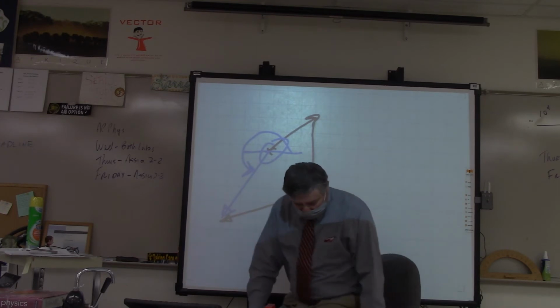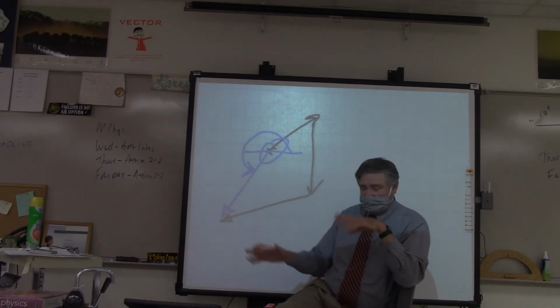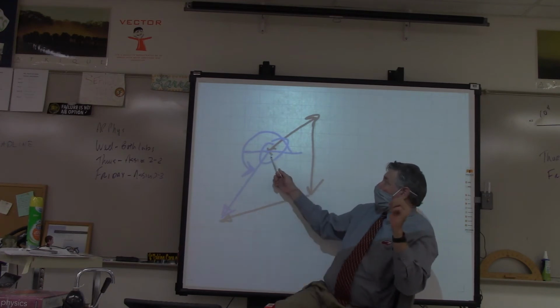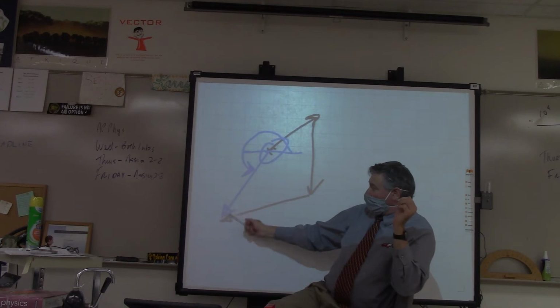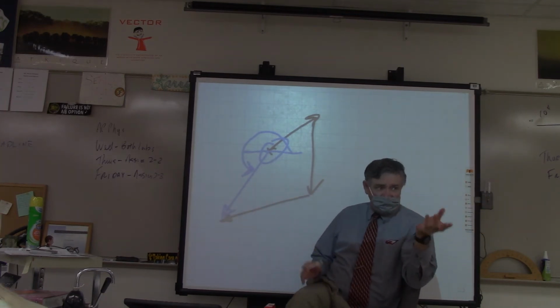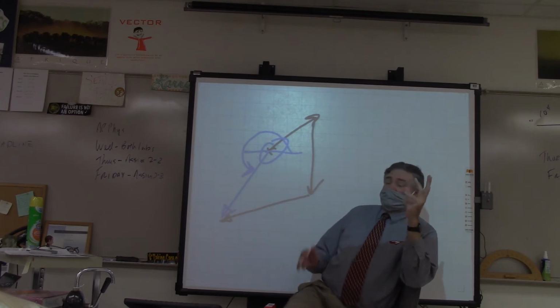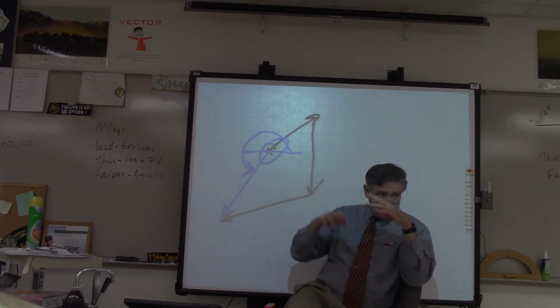Now, when we start to do forces, which is going to be the next unit after acceleration, if these were a series of forces acting on a system and you don't end up back at the origin, that means you're going to accelerate. Right now you all aren't accelerating because all of the forces acting on you add up to 0.